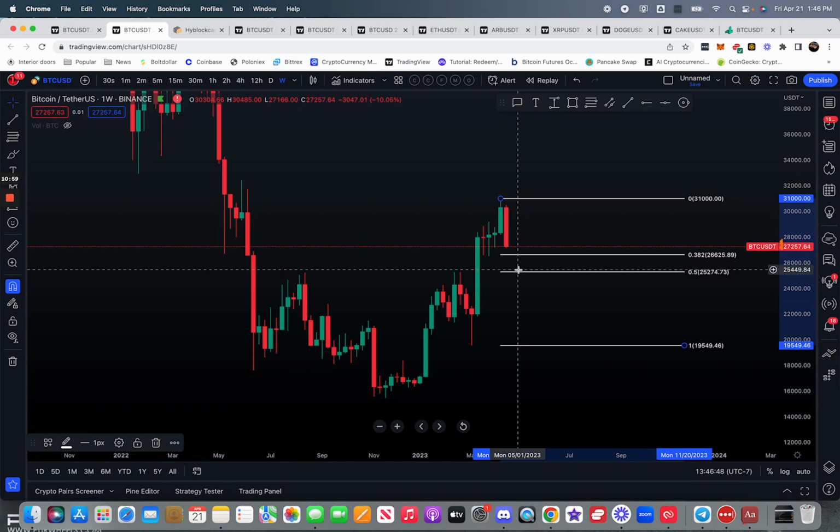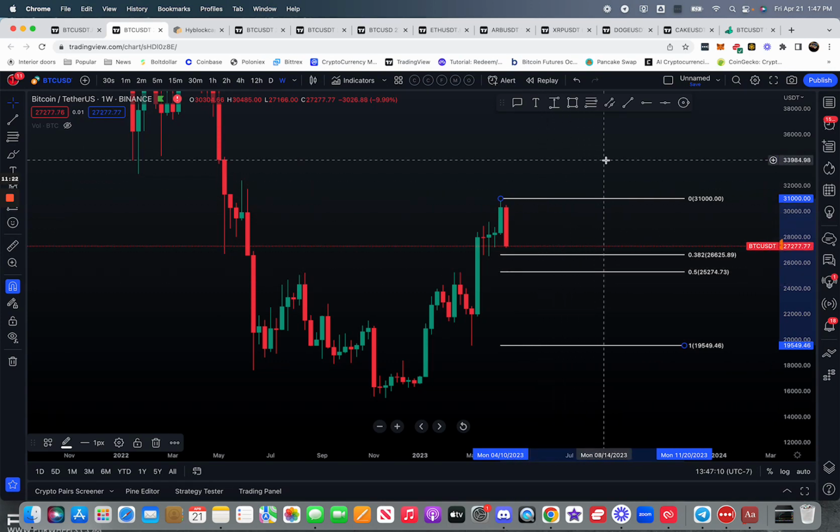So what I'm looking for is obviously we need to hold the 0.50 fib. If we hold the 0.50 and we land here, I'm going to go to lower time frames and start looking for some bullish structures to indicate maybe a double bottom or maybe a descending wedge that gives us that potential structure that we need to break up and continue to the upside.